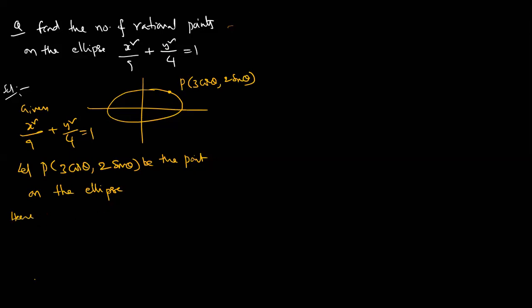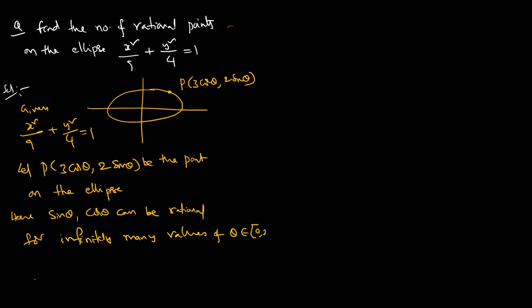Here, anyone observing sin theta, cos theta, what can you say? They can be rational for infinitely many values. Why? Because theta belongs to 0 to 2 pi.